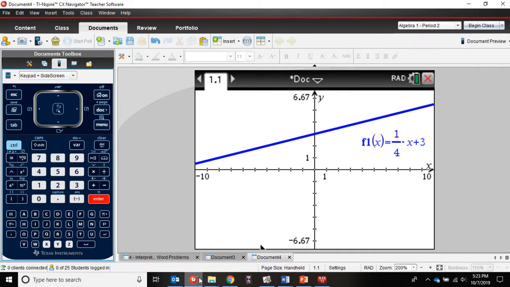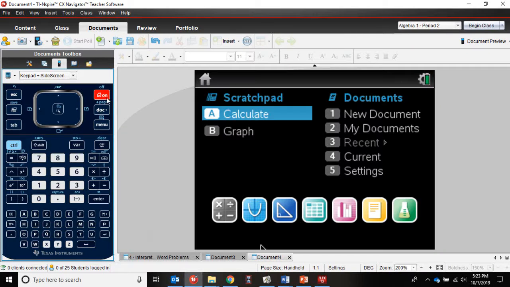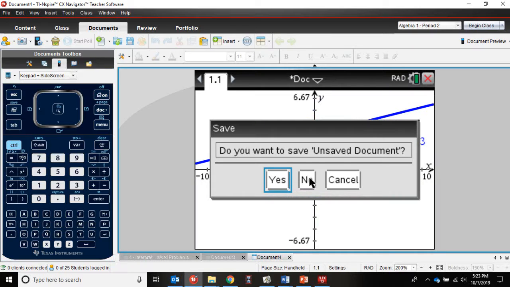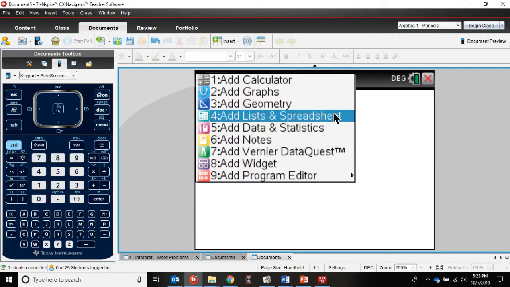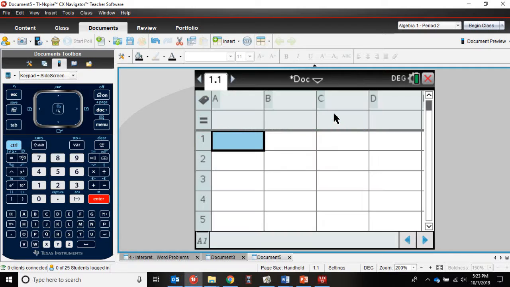So on a calculator, we're going to turn on, we're going to pick a new document. We're not saving anything, but we are going to pick number 4, which says list and spreadsheet. So everybody on new document number 4. And then it says to label the variable and type your points.